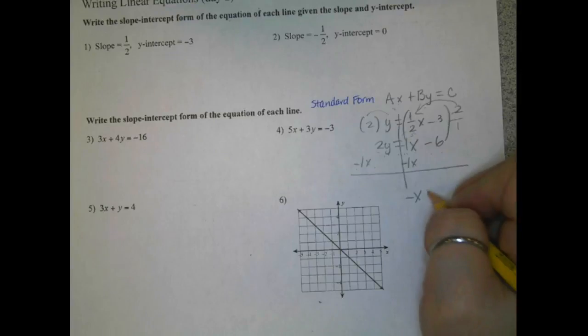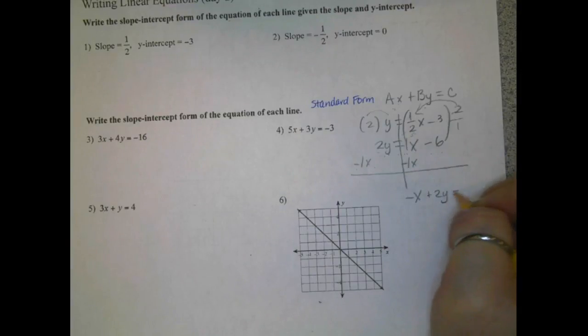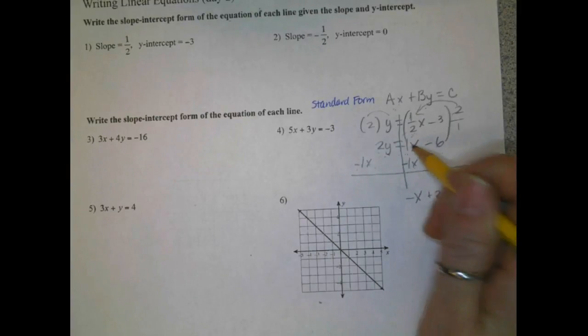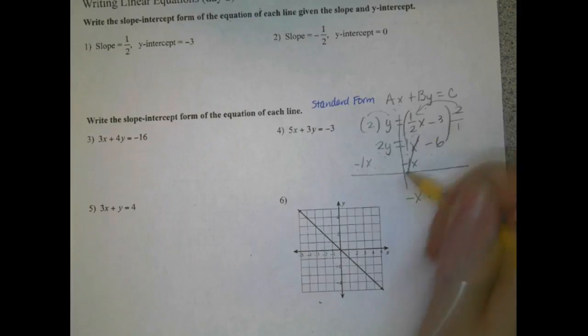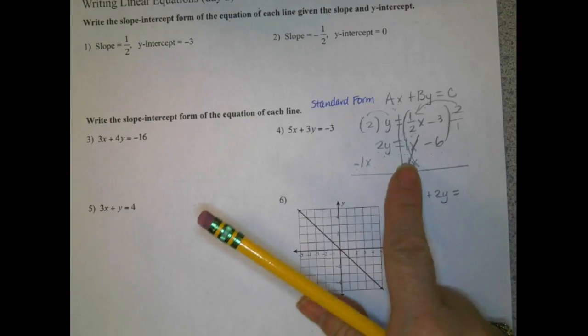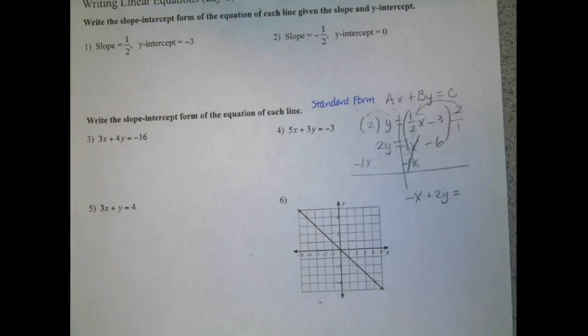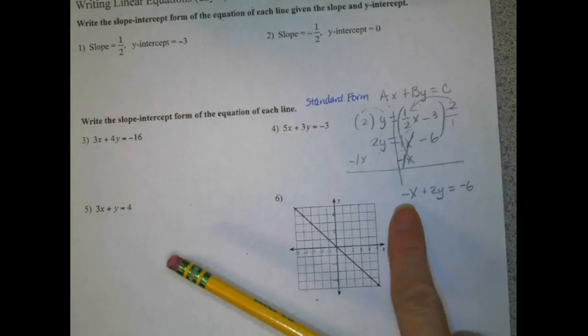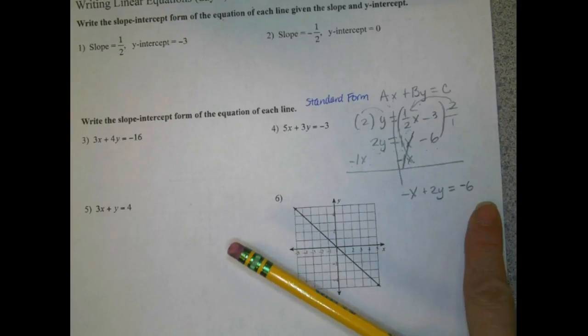So it's going to be plus 2y. And what does it equal? No, this 1x minus x becomes what? 0, right? 1 minus 1 is 0, right? So that's been moved over. What am I left with? Is it now in standard form? Ax plus By equals C.